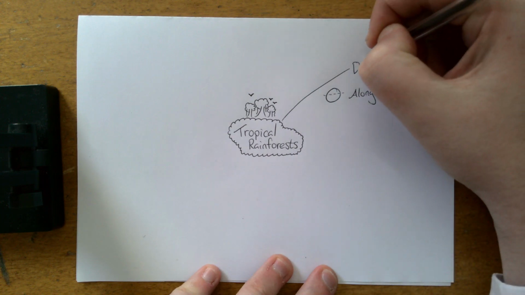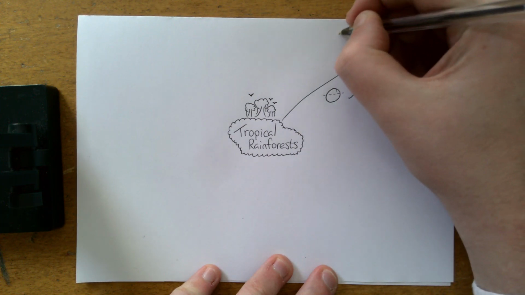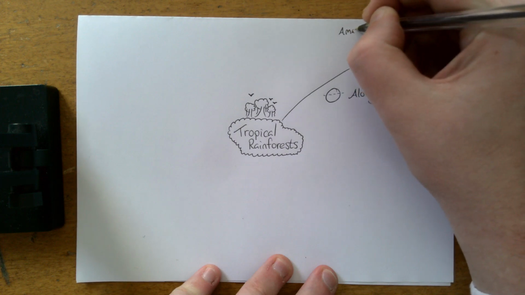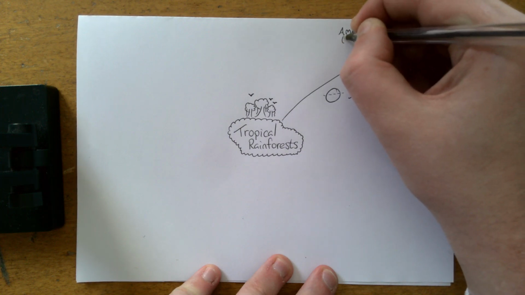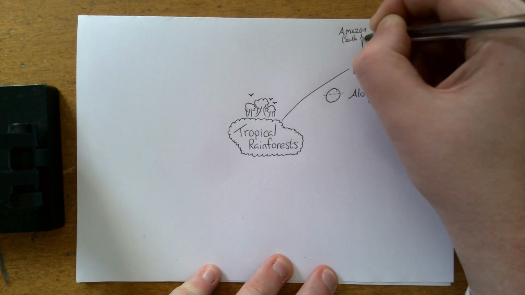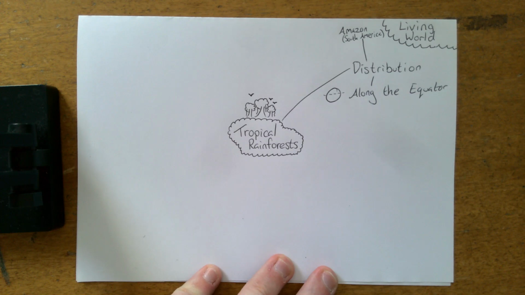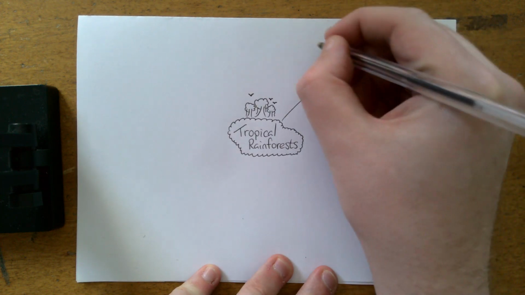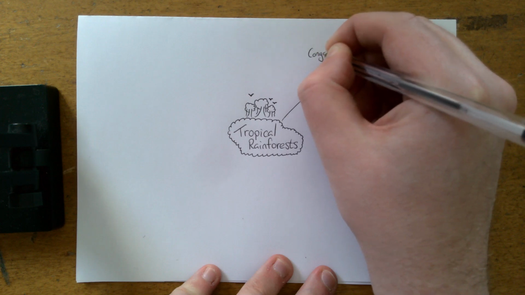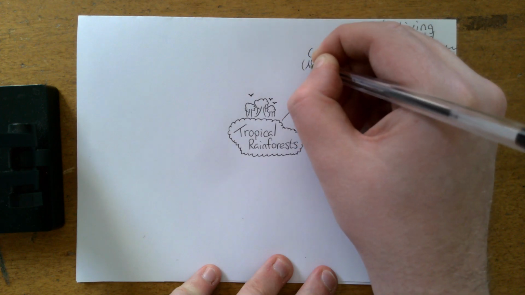If you think about some examples, you've got the Amazon, which is in South America. That's the largest rainforest in the world. You've also got the Congo rainforest, which is in Africa.